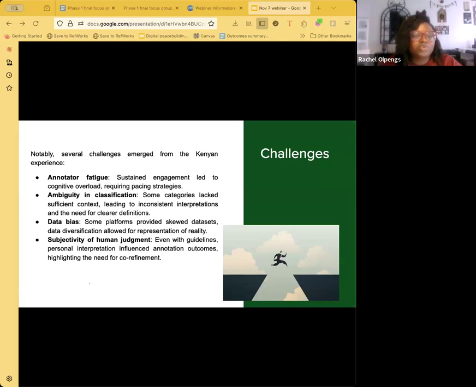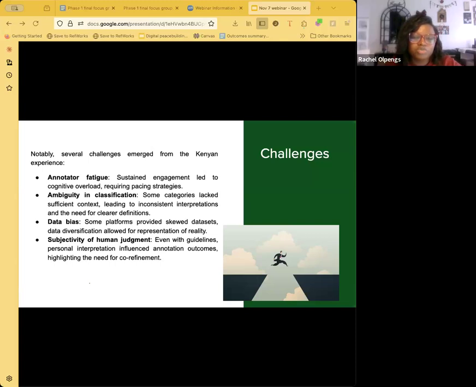You find that you're looking at some content that is a bit heavy, and it could just weigh on you as an annotator. So part of our strategies was trying to pace yourself as you're annotating. You could take breaks, pacing yourself at intervals. If it's 30 minutes or so, you sit down, do this, and do it as you're doing other things, so that you don't overwhelm yourself with this content.